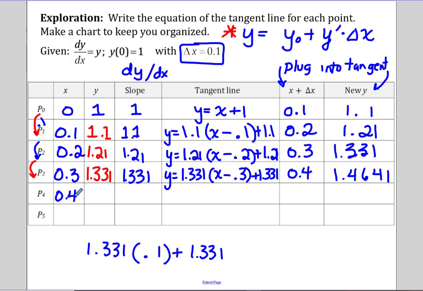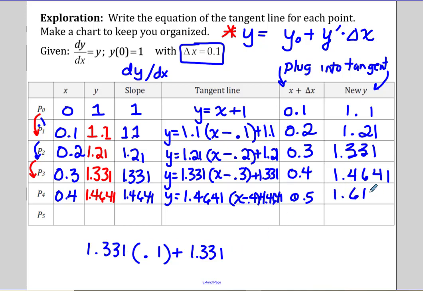So going up 1/10, we've got 1.4641, which is also our slope, and the equation for the tangent line is 1.4641 times x minus 4/10 plus the y value, 1.4641, which puts us at 1/2, and changing this process, we end up with 1.61051, and so on and so forth.